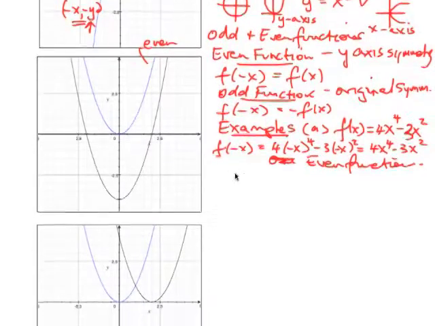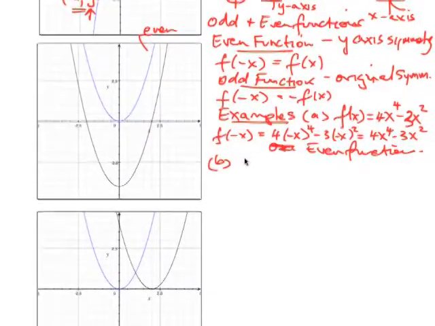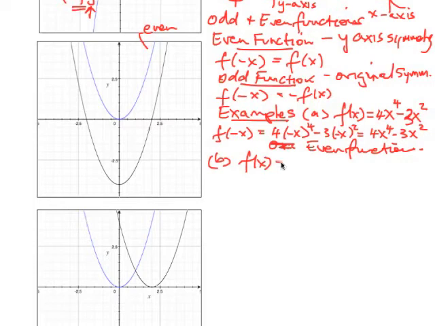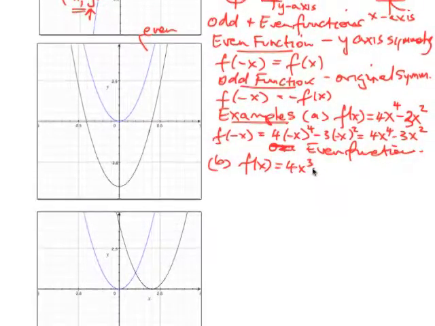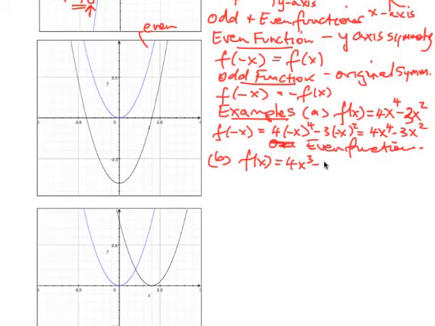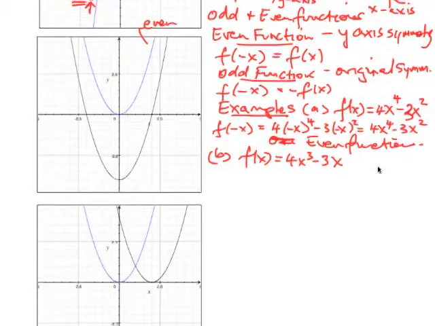And of course, let's suppose I have f of x equals 4x cubed minus 3x here.